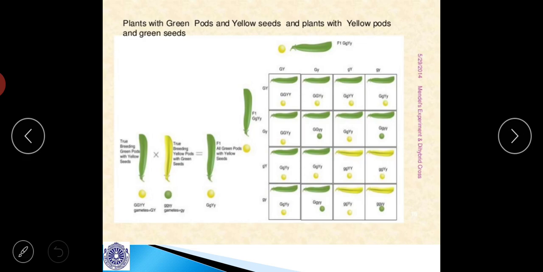Plants with green pods and yellow seeds and plants with yellow pods and green seeds, when this type of cross was made, again produced a ratio of 9:3:3:1 as the phenotypic ratio in the F2 generation, and 1:2:2:4:1:2:2:1 as the genotypic ratio.